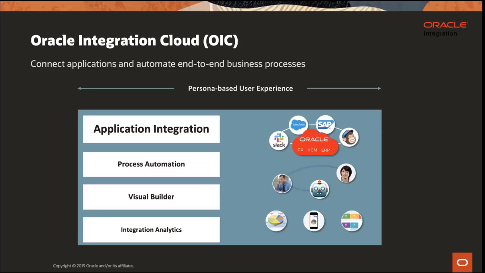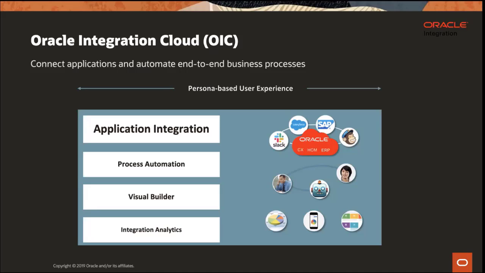It's a cloud service, so it runs on OCI, on Oracle Cloud Infrastructure. And it is a very common and very recommended way from the Oracle side to integrate between applications to applications, applications to database. It is really this whole comprehensive enterprise integration platform.